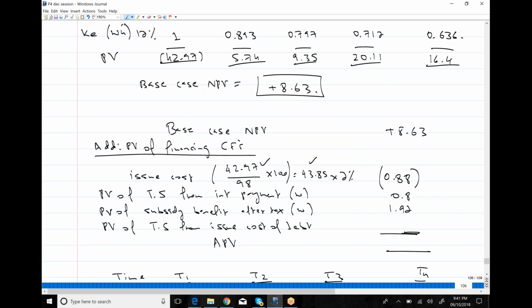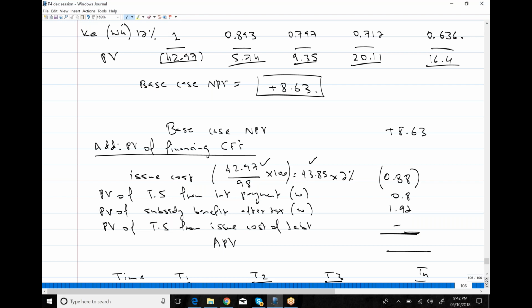1.92. Okay, then next we have present value of tax savings from issue cost of debt. Now, nothing was mentioned regarding tax savings from issue cost of debt, right? So I will assume that issue cost of debt is not tax deductible. You will just write down this as an assumption in the exam. So just net them off.